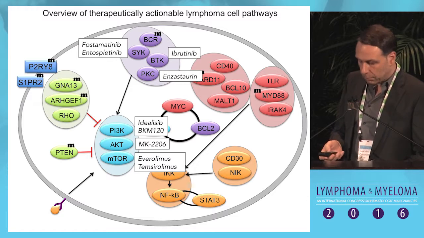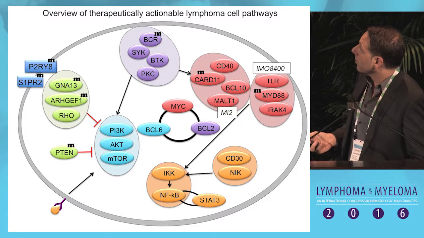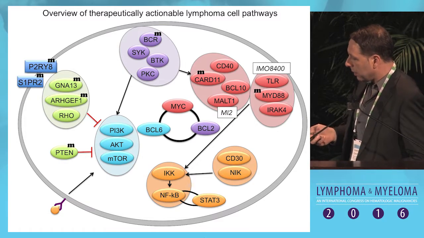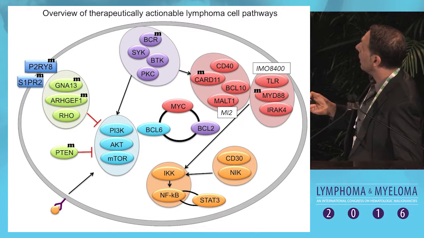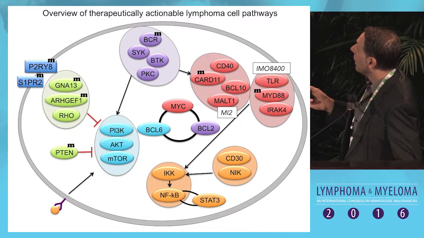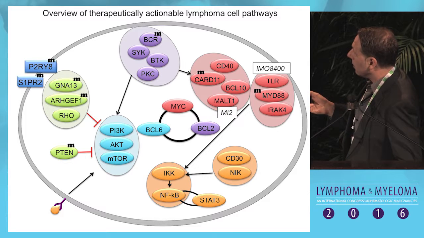Obviously, the BCR pathways. Down the pathway, we have MALT1, with certain drugs being developed for clinical use, as well as the TLR and MYD88 pathway, which can be targeted.